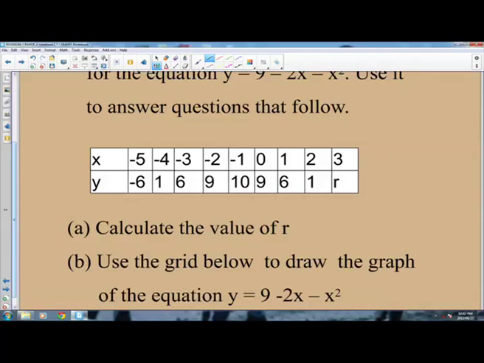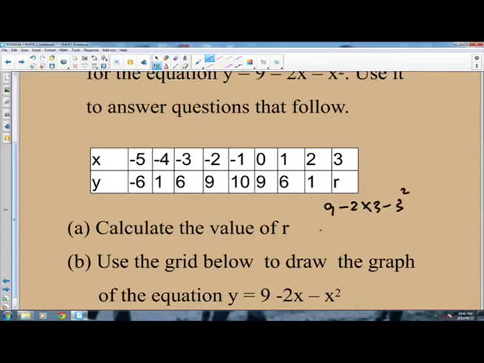The equation is 9 minus 2 times x. Instead of having x, we will substitute 3 for x, because finding the value of r is simply finding the value of y when x is 3. So this will be 9 minus 2 times 3 minus 3 squared.